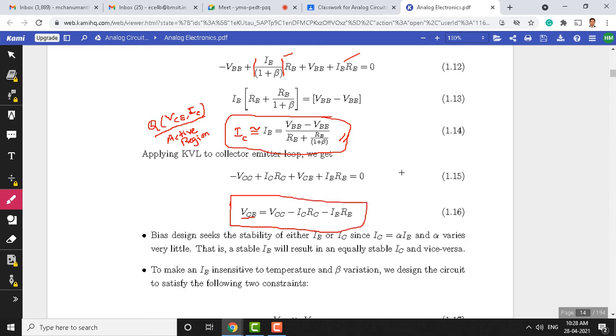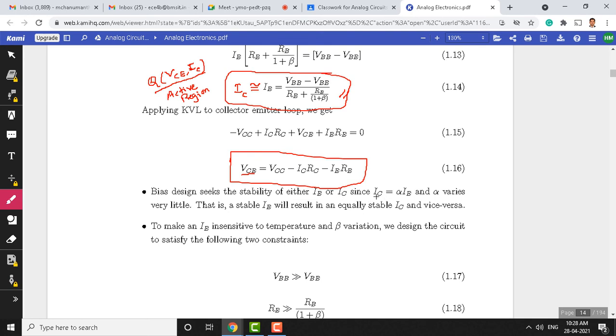If you can minimize those variations, the operating point will be stable in the active region, and the device will perform very good amplification. Here IC is equal to alpha times IE. Alpha is a very small value, so IC and IE are approximately equal.